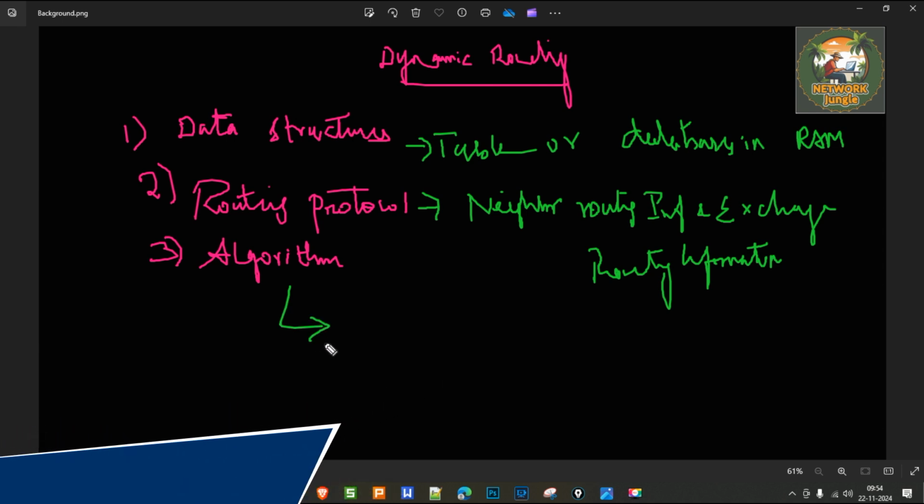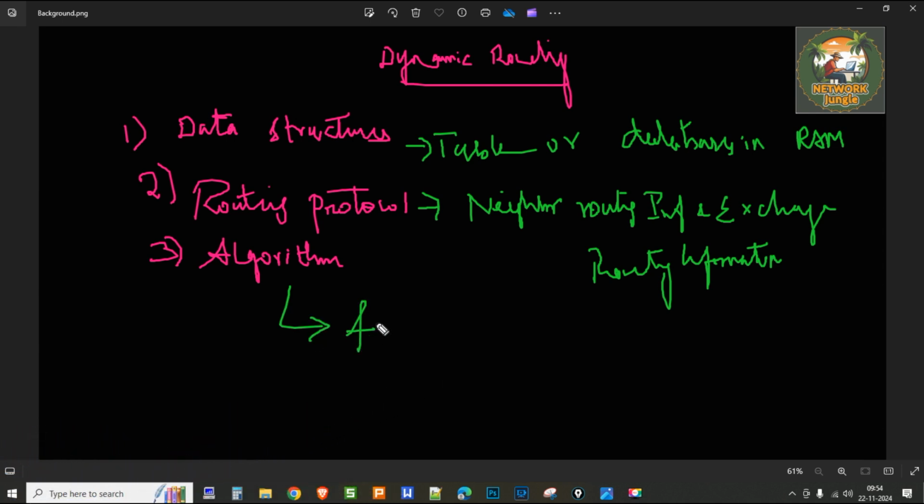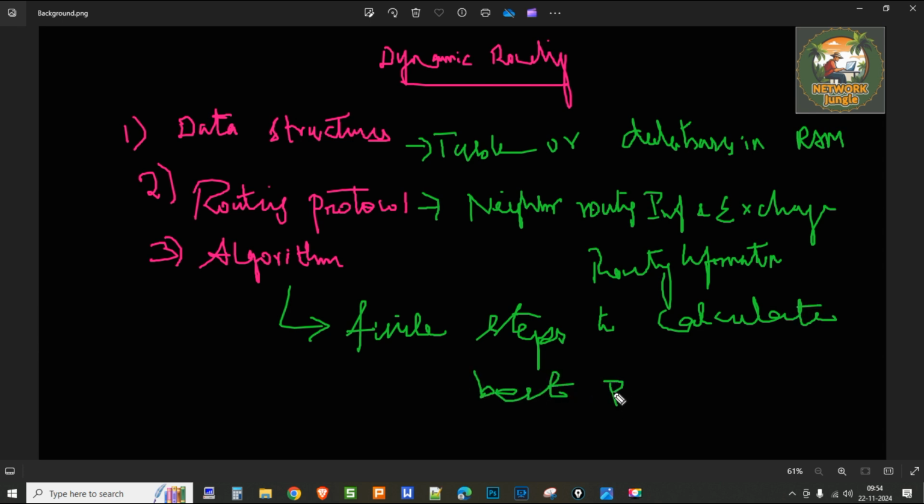The last one is the algorithm. The algorithm is a finite set of steps to calculate the best path. Best path is nothing but the lowest cost value to reach the destination fastest. So these 3 components play the major role. The data structure maintains the table or database in RAM for storing the routing information.